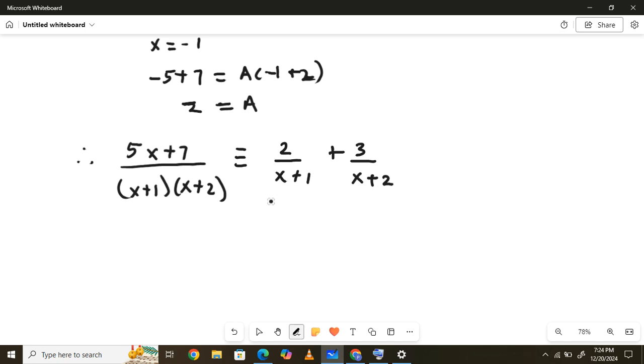That's how we get it, and now if it's in integration you can proceed and integrate.